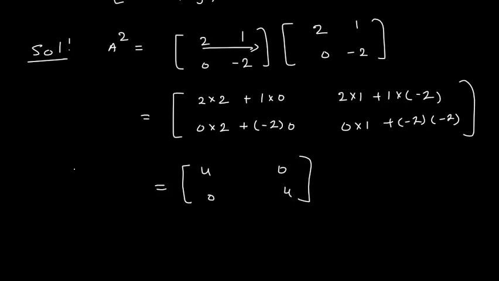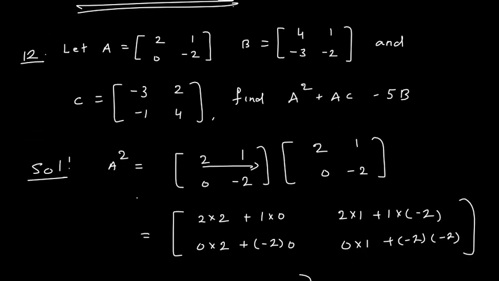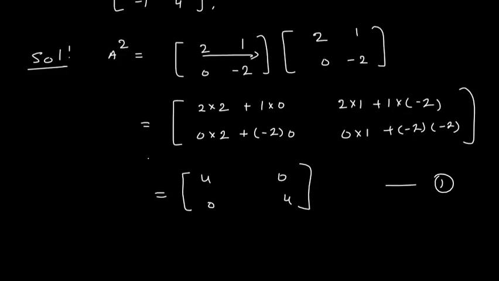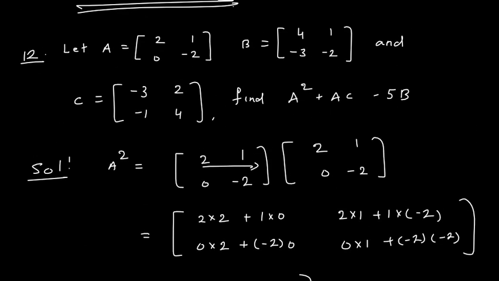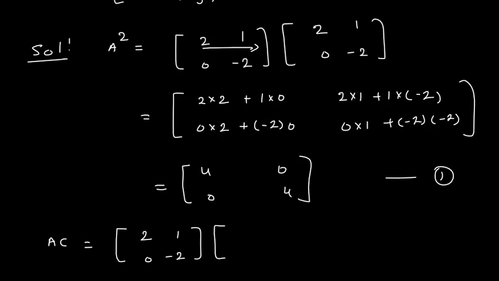So now A into C. The value of A is [2, 1; 0, -2], and the value of C is [-3, 2; -1, 4]. So A into C equals: this line, 2 into minus 3 plus 1 into minus 1.